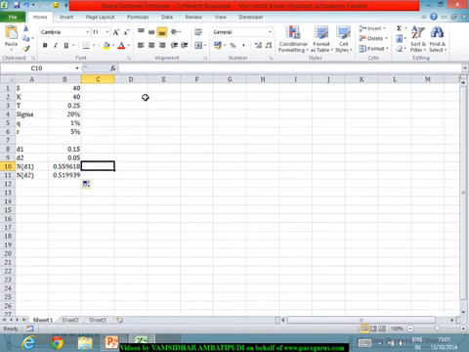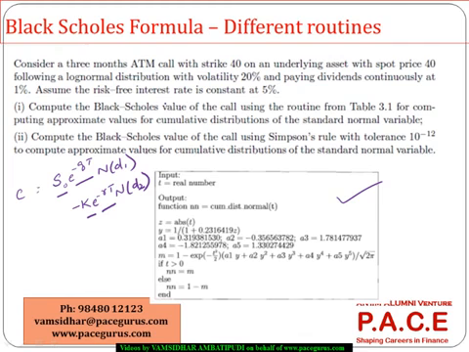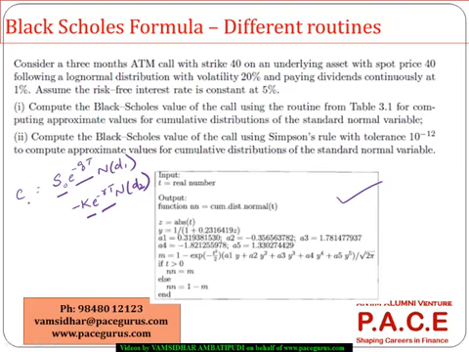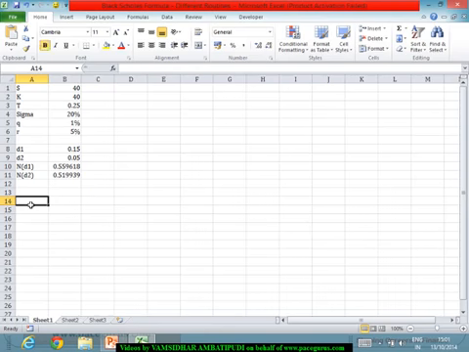But yes, let's try out using the numerical methods that are available with us. Try finding out what is the value of ND1 and ND2 that I have got. Okay, so let me progress first with the routine that has been provided.